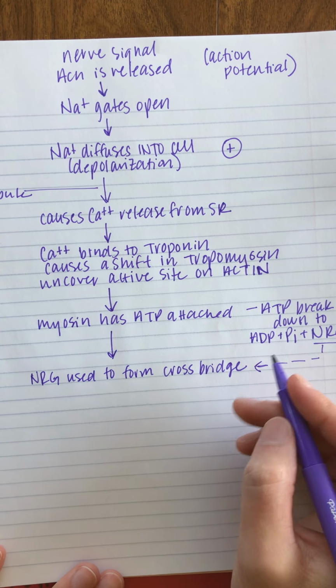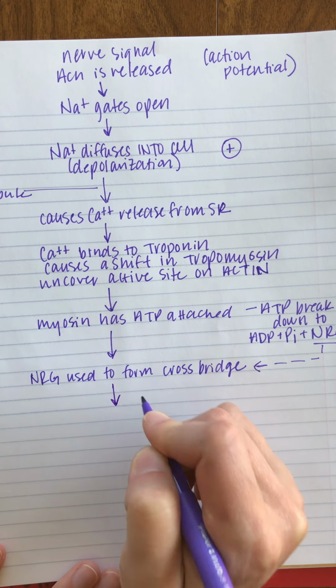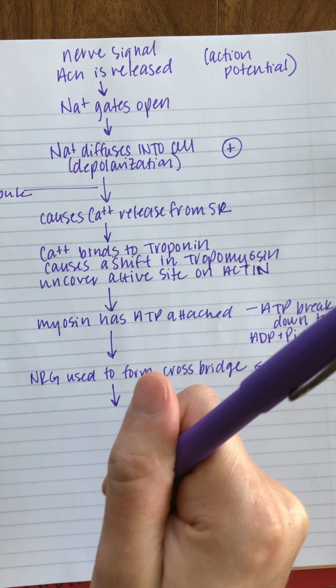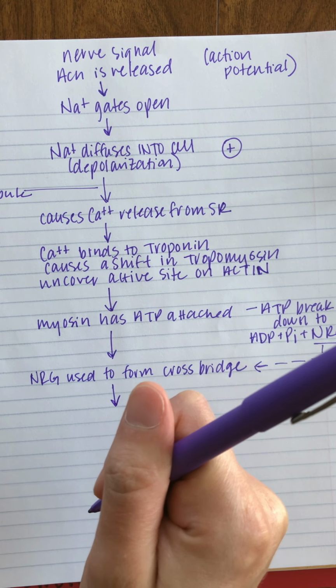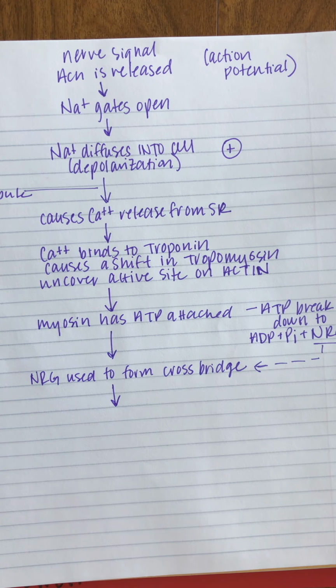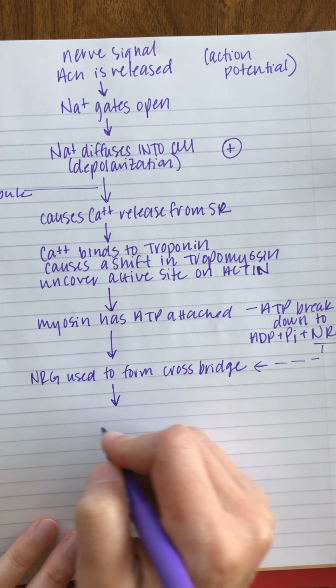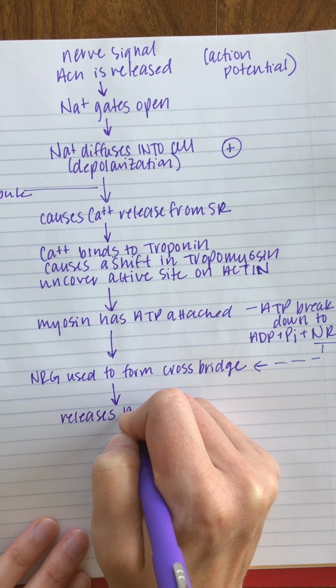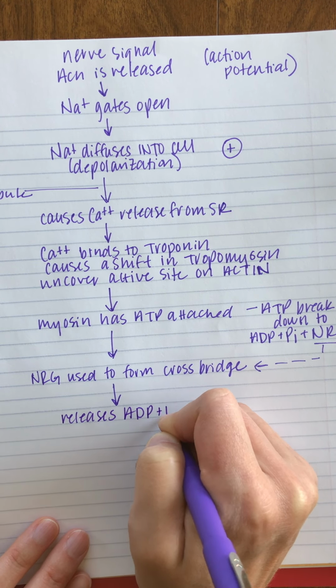Okay, so as we continue down, that myosin head is energized, it attaches to actin, and then to actually pull actin, to do that power stroke, it will release ADP and Pi.